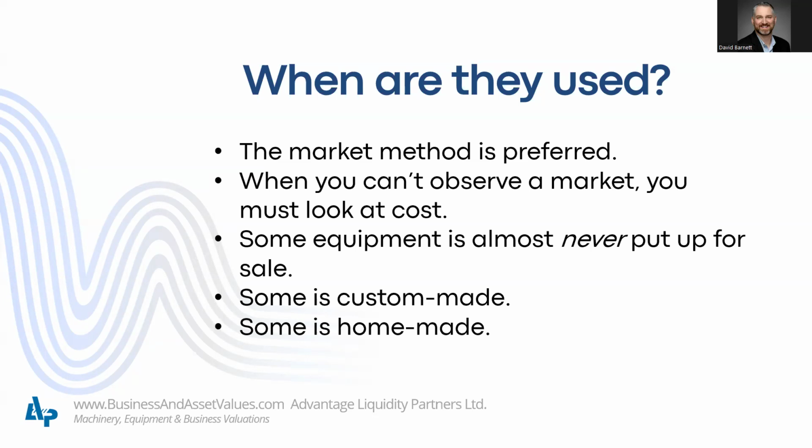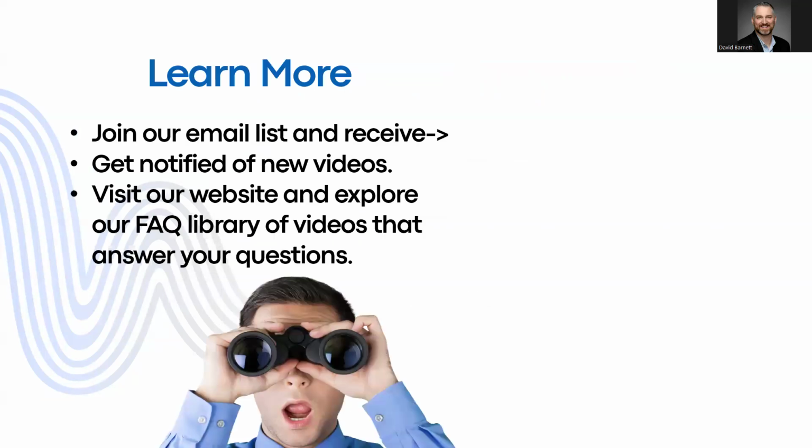And so when we look at this kind of stuff, we often have to build up a case of what we think it might logically cost to replace the item today. And then we use that as our cost basis for then creating our depreciated cost approach valuation.